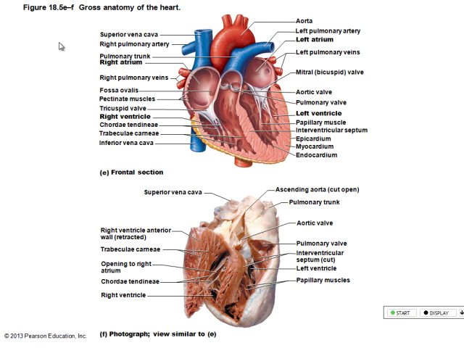Guess how many the bicuspid valve has? Two flaps. Another name for it is the mitral valve. So I have to push through that trap door into the left ventricle. It's important to make sure you state whether it's left or right, because I have to know where I belong.